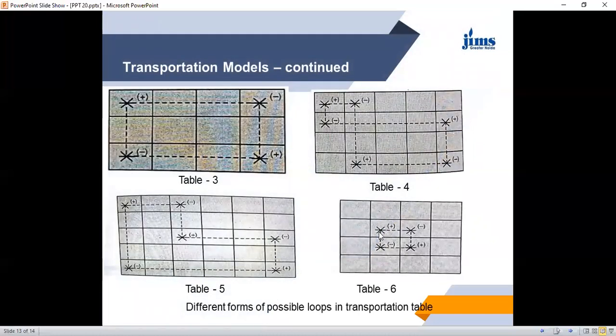So if we start from here, we come here, change the direction here again, we come here, and so starting from a point, if we are able to come back to the same point by changing directions at the occupied cells, either vertically or horizontally, then it is called a loop. So these loops should not be formed.